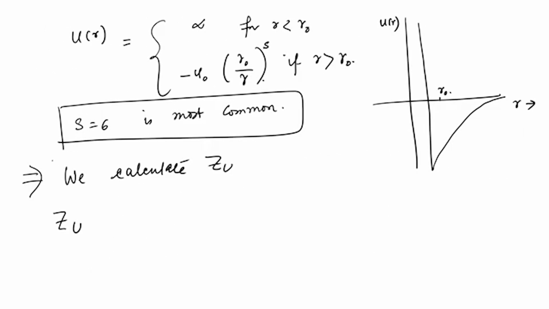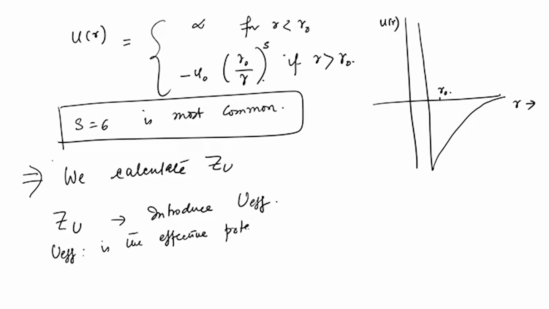Now, what we will do in order to calculate the ZU is introduce an effective potential, U effective. And what is U effective? U effective is the effective potential felt by a molecule due to the rest.